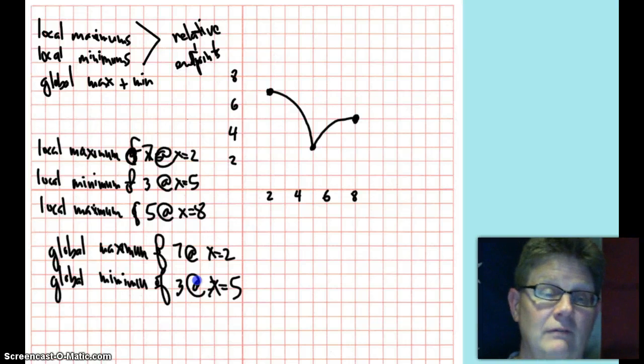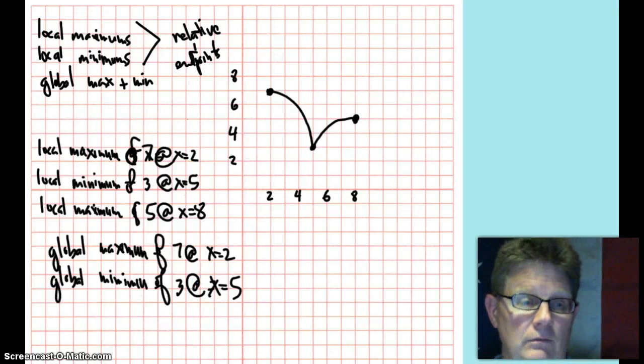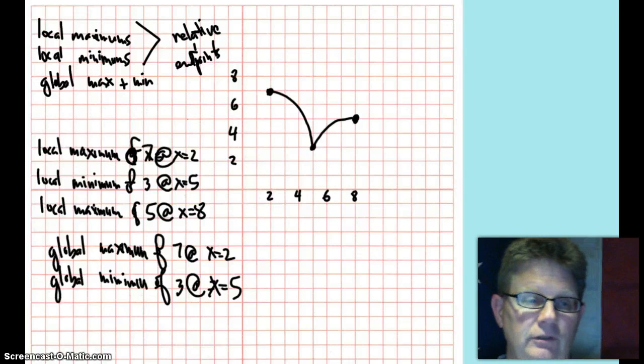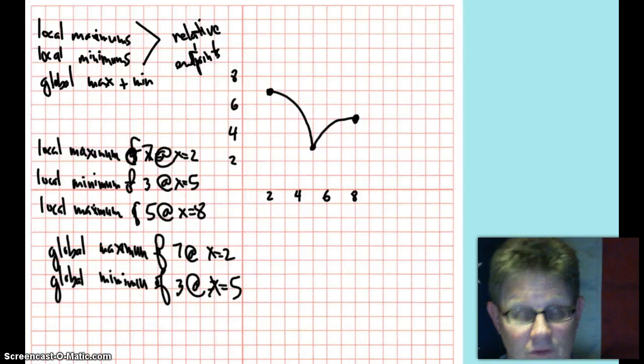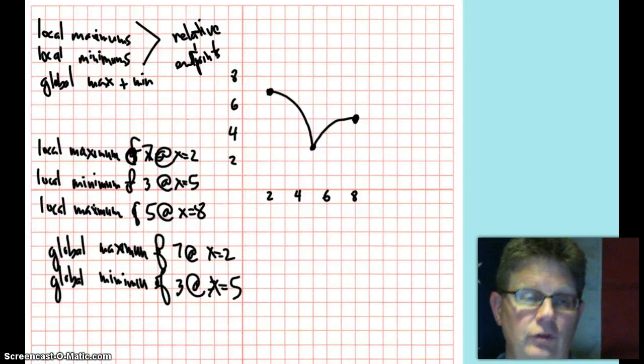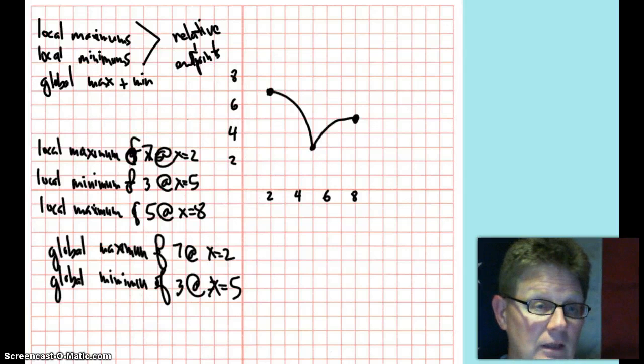So just another way of looking at a graph or a function to find maximums and minimums. From now on, for the rest of this, I'm just going to do relatives and absolutes.